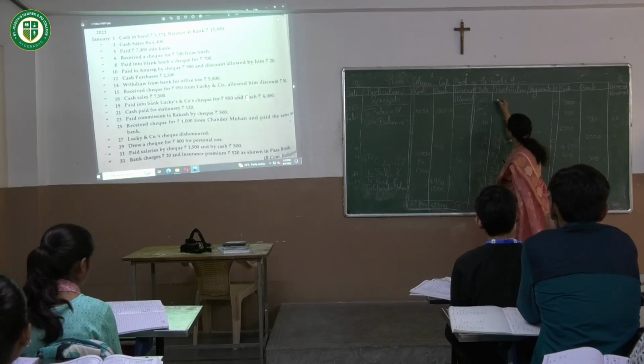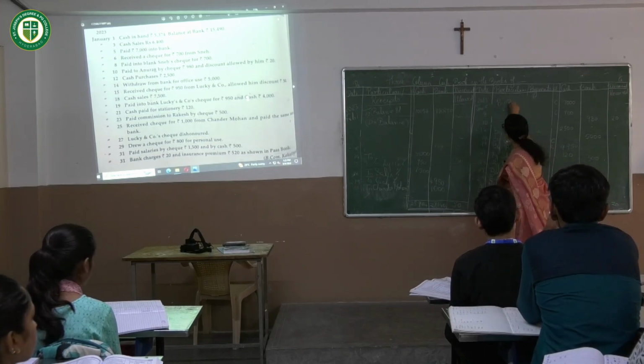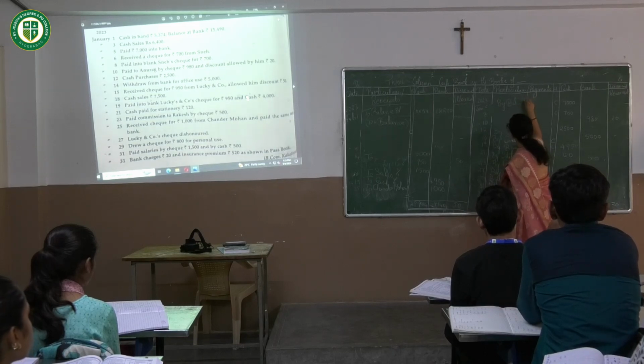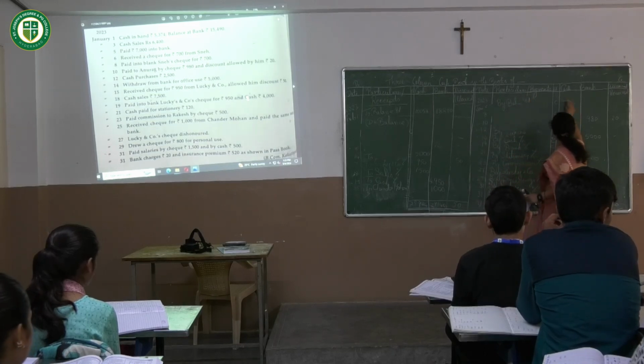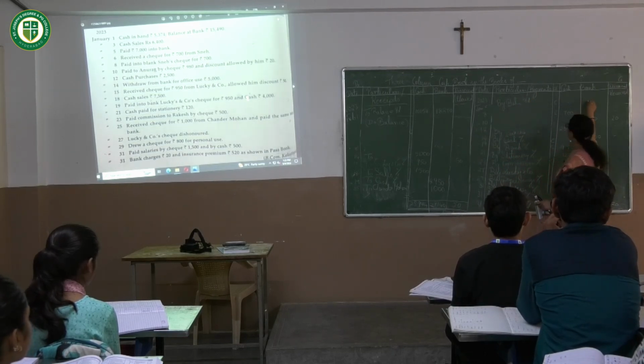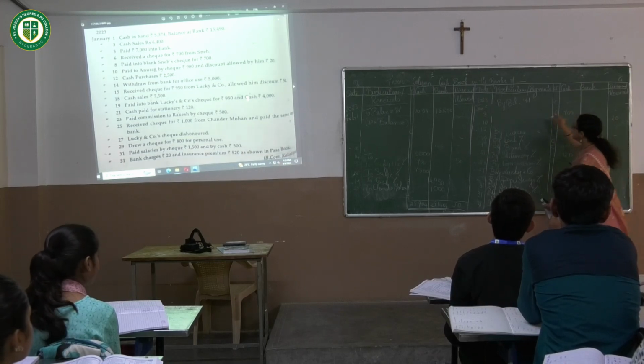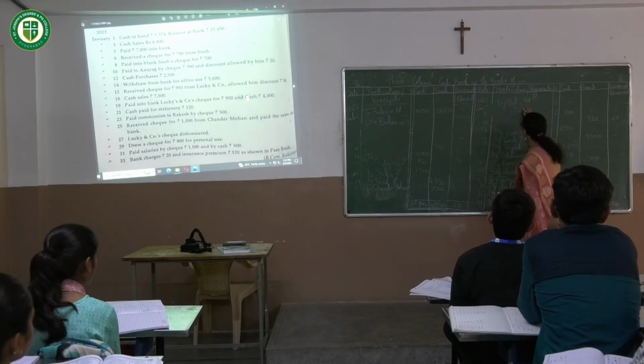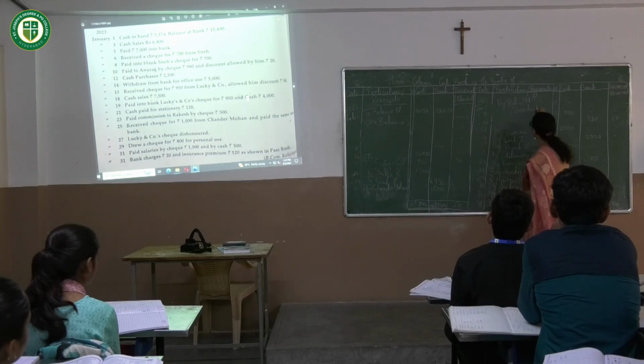That time I will bring it down as "by balance brought down". You will write the figure only in the bank column. This is called your overdraft balance or an unfavorable balance.